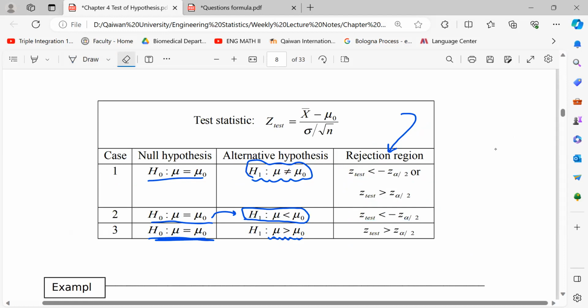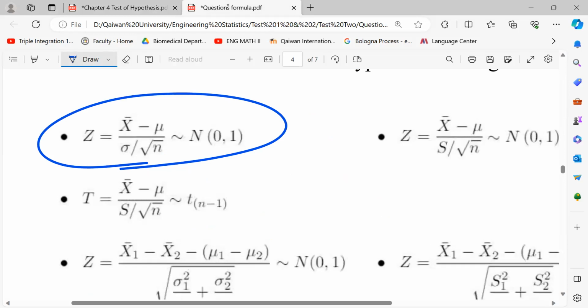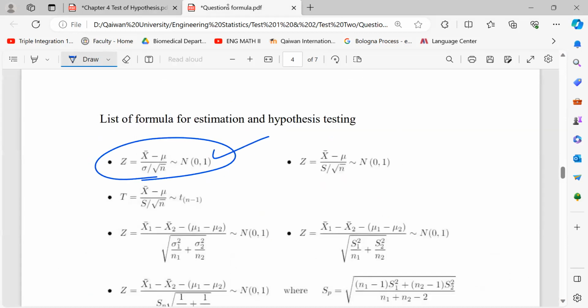So you should know these conditions. If you just know these conditions, it's enough. You don't need to memorize this one. Just try to recognize it from the list of formulas, and this list of formulas will be given during exams.